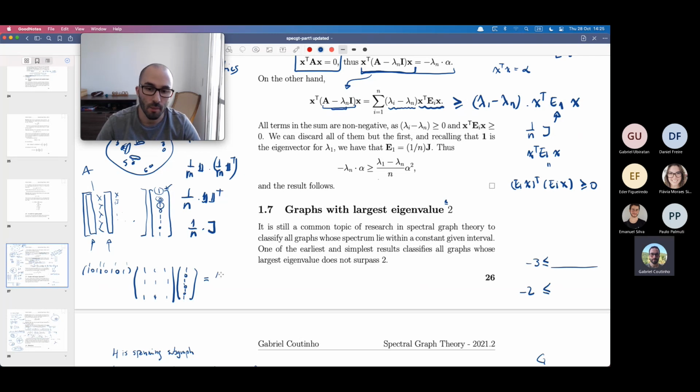And the result is the number of ones in the block of J corresponding to the co-clique.